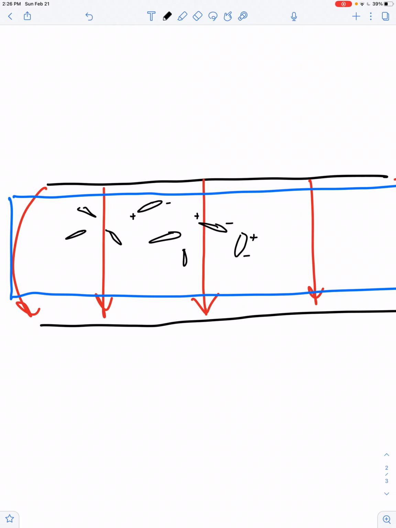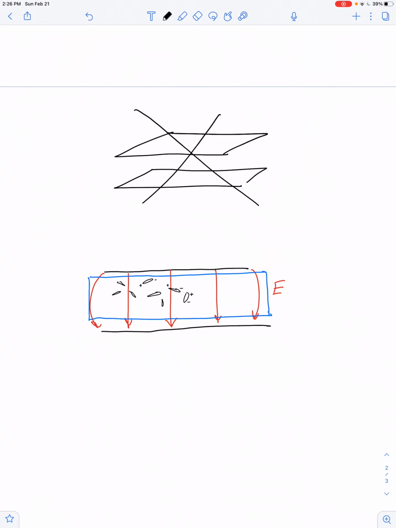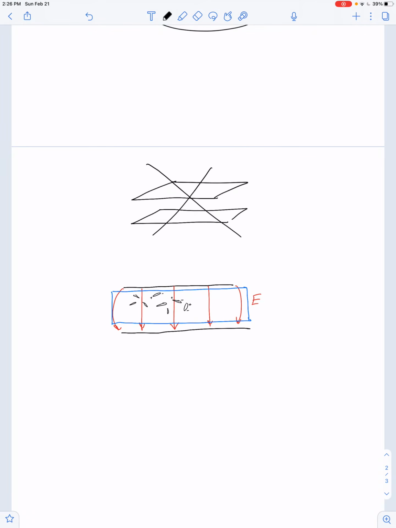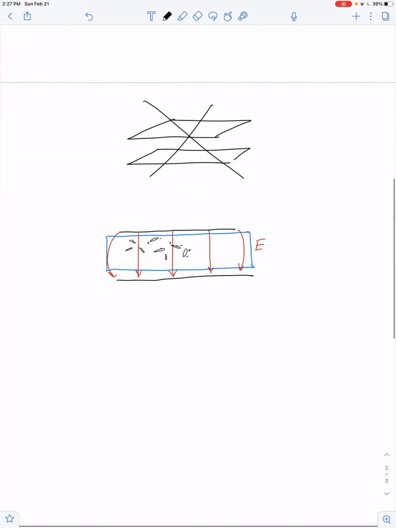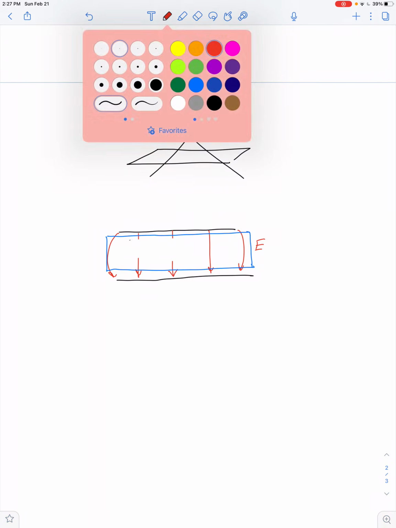Actually, not really. That's how the molecules would be arranged if they weren't sitting in the space between the charged plates. What actually happens is all those molecules align.